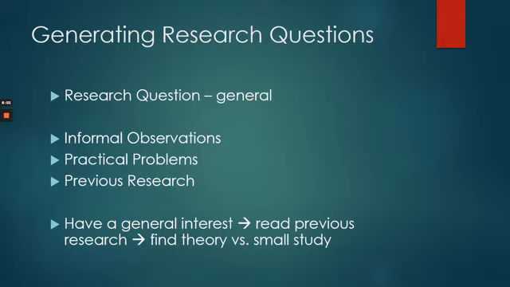And then for this class, we're going to be doing, or have done, the generation of research questions simply by looking at the data sets that we have. So within one of those data sets, are there a few variables that you're curious about whether they're related to each other? So it's really more about that sort of curiosity about existing data.